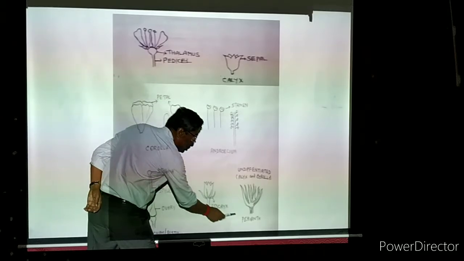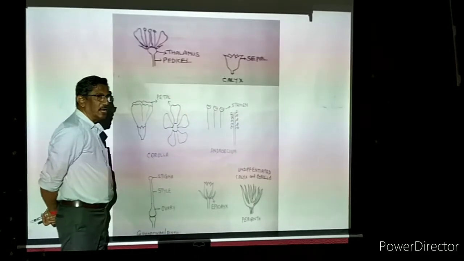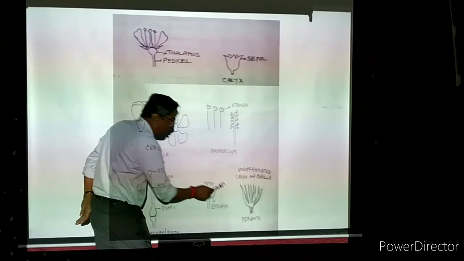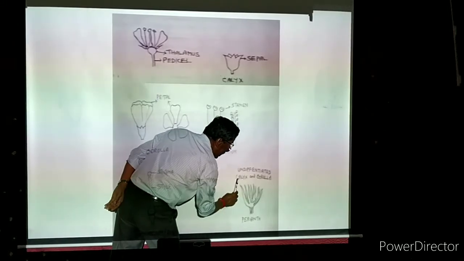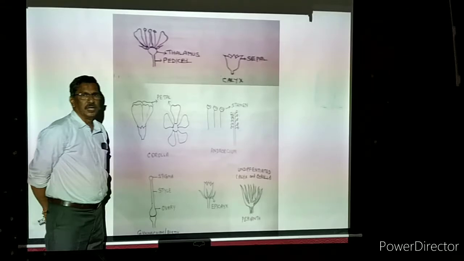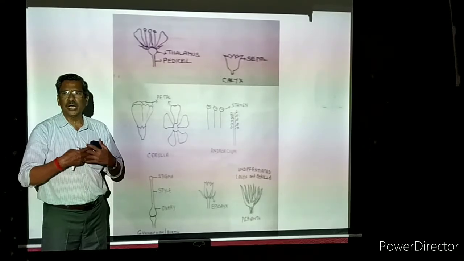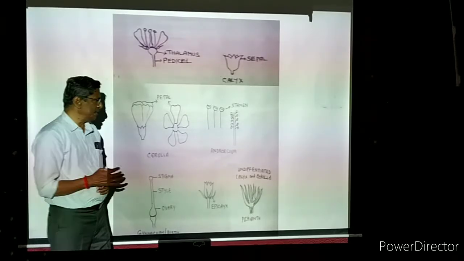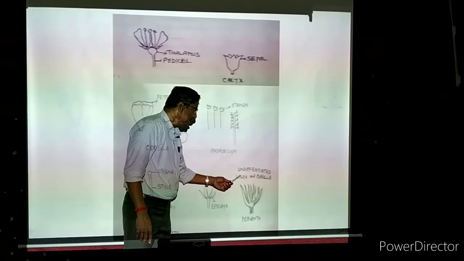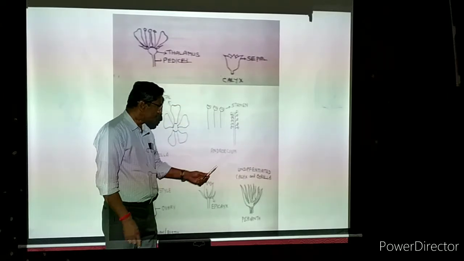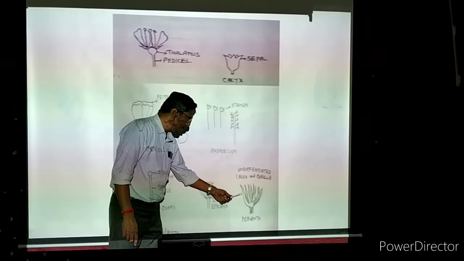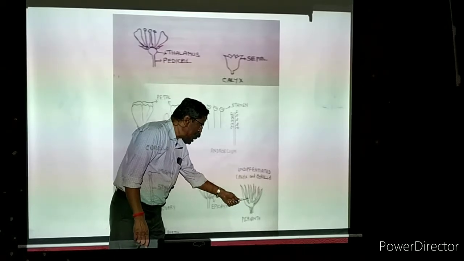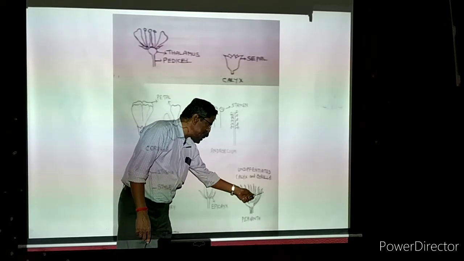Then we come to Perianth. Already I told in the terminology, Perianth is nothing but undifferentiated calyx and corolla. Calyx and corolla both look exactly the same. The first outermost whorl, the calyx, is made up of sepals.